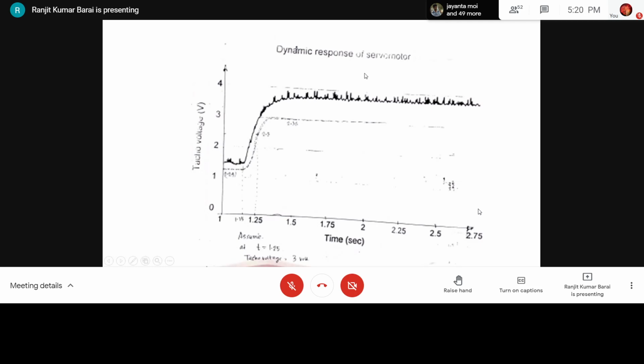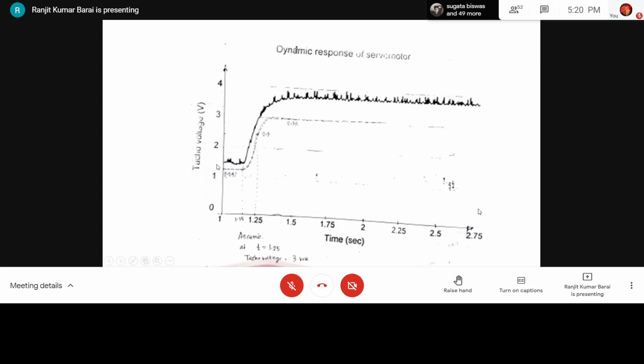So this is a very interesting observation. Why am I saying interesting? See, in the system theory, you neglected the electrical time constant, and the resulting approximated system was a first order type system.